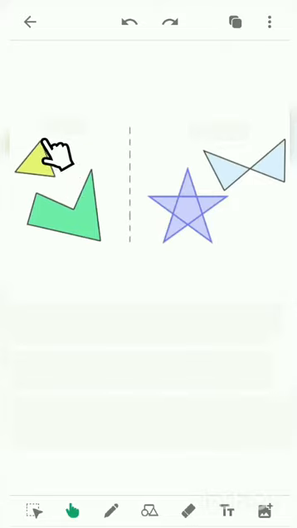It's a triangle. The second green figure is also a closed figure made up of 5 straight sides. 1, 2, 3, 4 and 5. It's a pentagon. The figures on the right side are also polygons since they are closed and made up of straight lines.